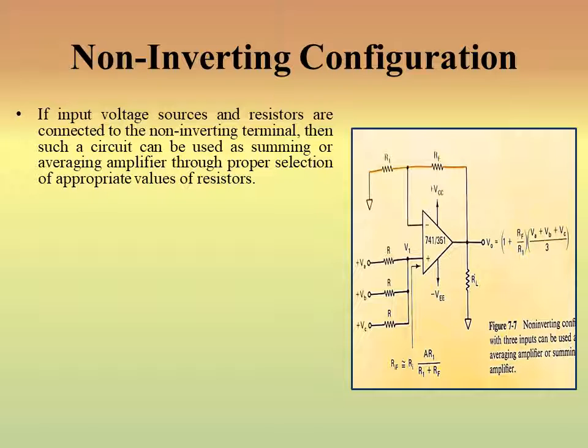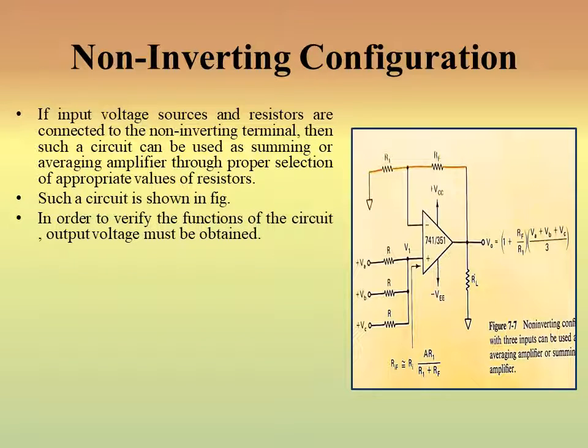So if input voltage sources and resistors are connected to the non-inverting terminal, then such a circuit can be used as summing or averaging amplifier through proper selection of appropriate values of resistors. Such a circuit is shown in figure. Now in order to verify the functions of this circuit, output voltage must be obtained. So we'll try to obtain output voltage, and then we will decide whether this circuit acts like a summing amplifier or not.